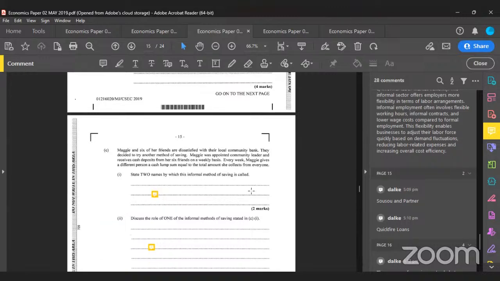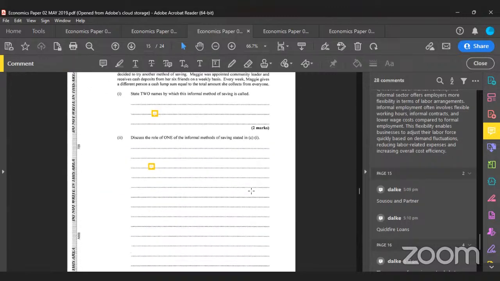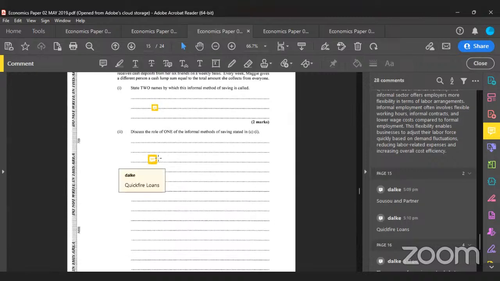Now, they also asked us to discuss the role of one of the informal methods stated in C1. So the role of a partner is really to get quick fire loans. So you need money and you need money now.